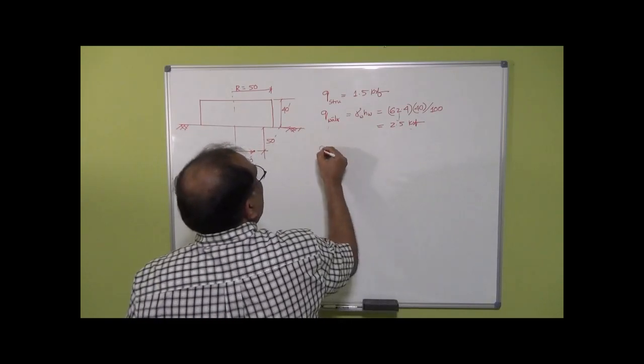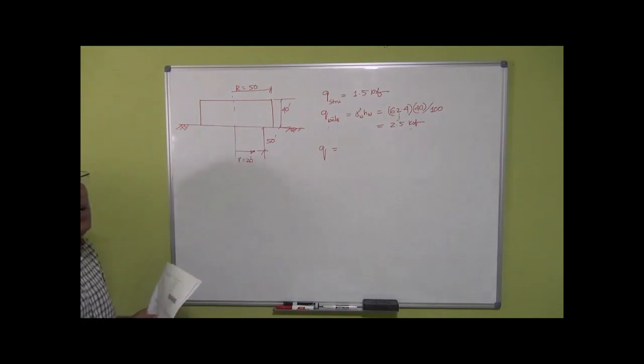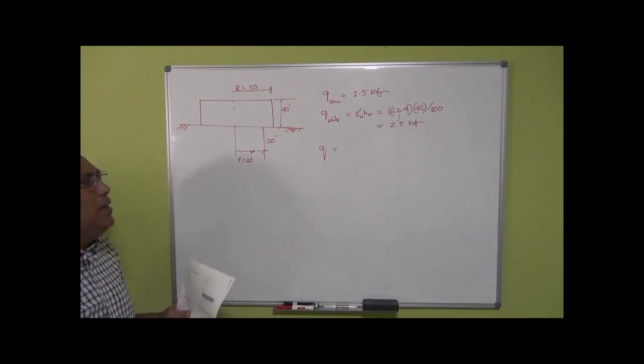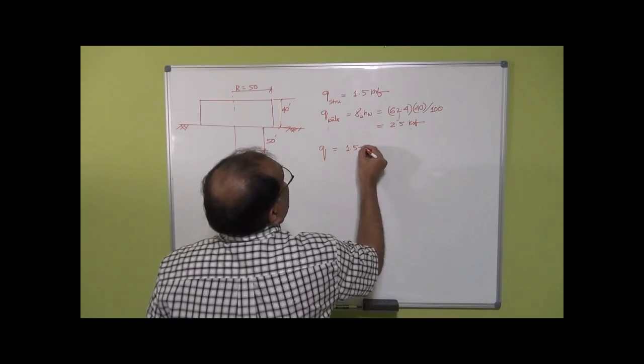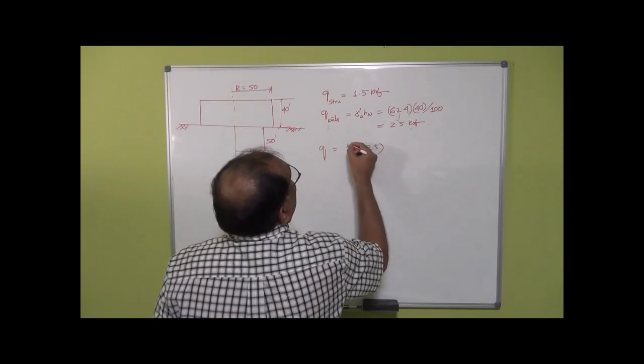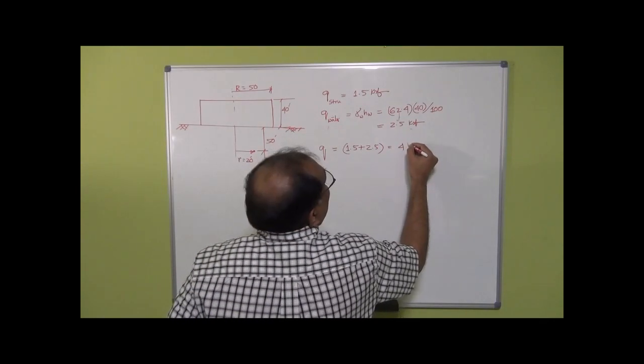So your actual q under the pressure when the tank is full is 1.5 plus 2.5, which is 4 ksf.